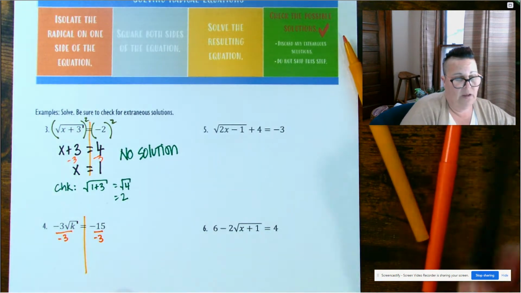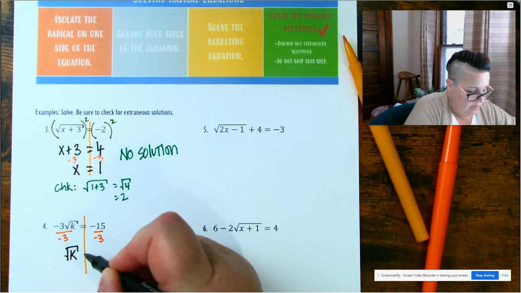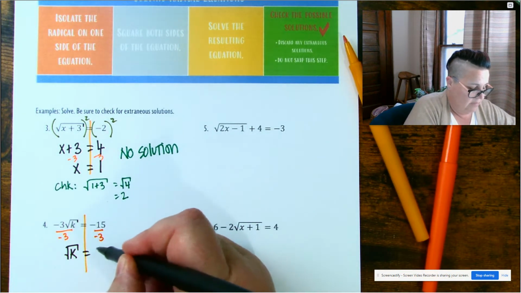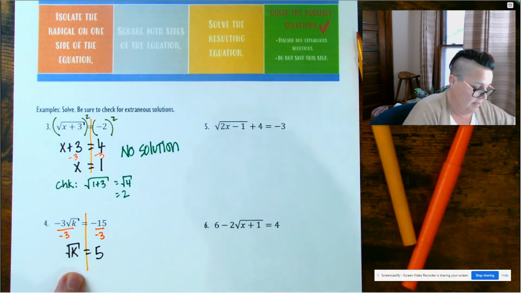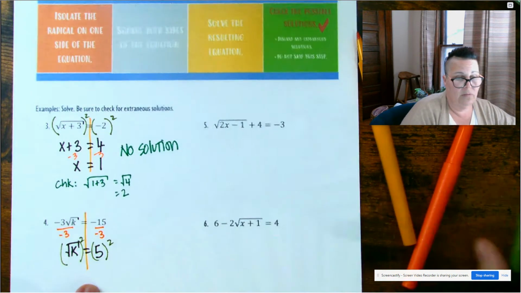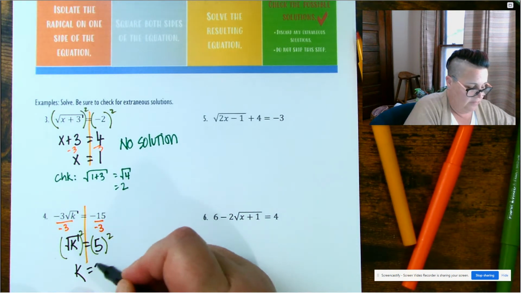This will give me the square root of k is equal to negative 15 divided by negative 3, which is 5. Now, the square root of k is isolated, so I can square it. I can also square the right side, and I will get k is equal to 5 times 5, which is 25.